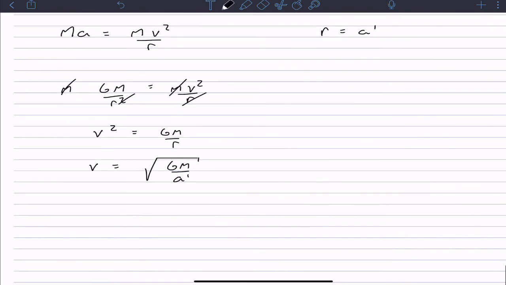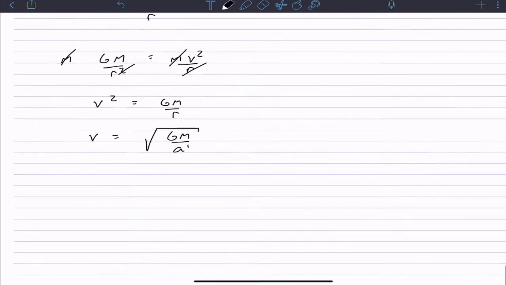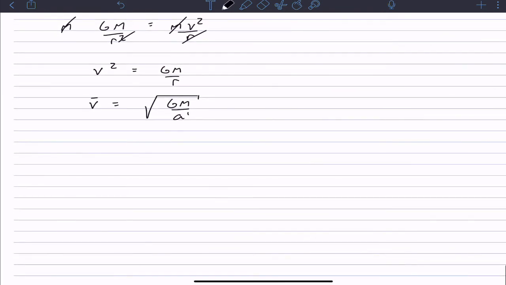This r down here is going to cancel. So now we're left with v squared is equal to GM over a prime, which was our distance here. That's it. That's the answer. So this is its speed when it's at the mean distance from the star.